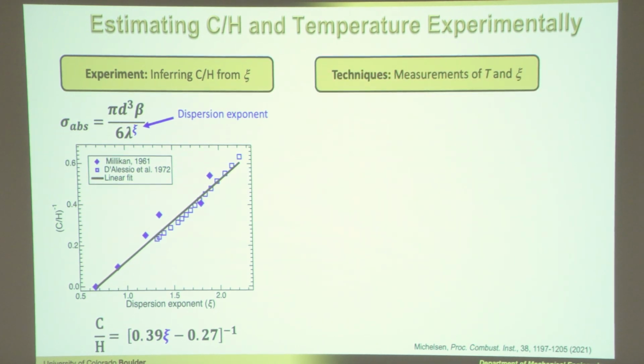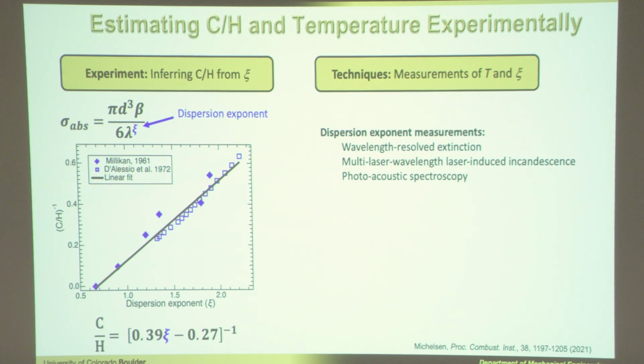You can either measure it with extinction. That's harder to do because you have absorption and scattering. Or you can measure it with a technique that's explicitly dependent on absorption, like laser-induced incandescence or photoacoustic spectroscopy.